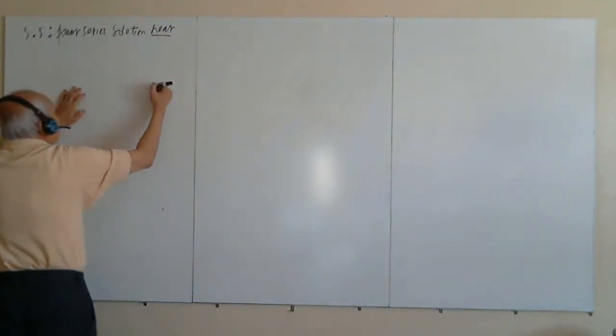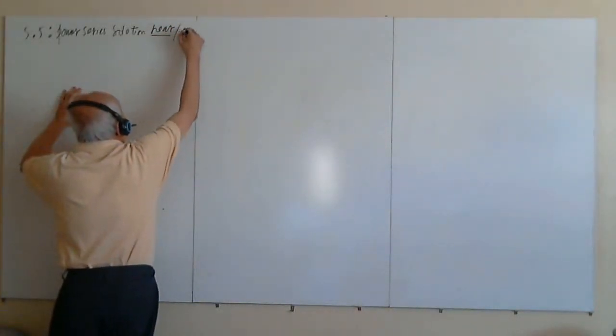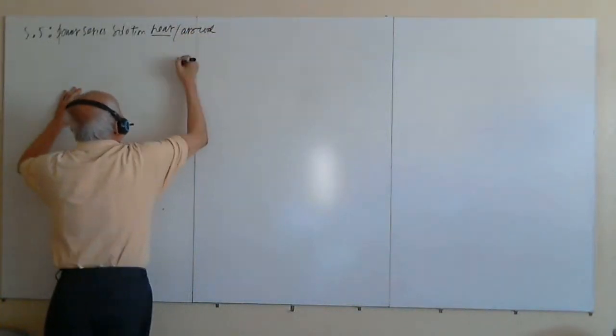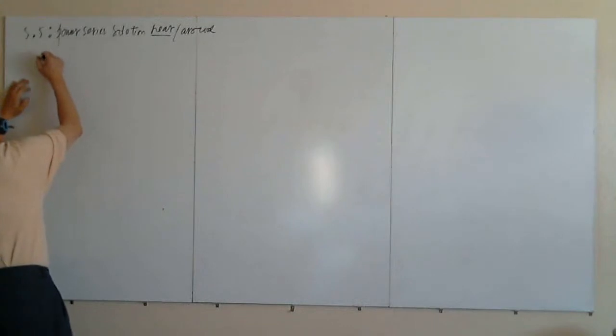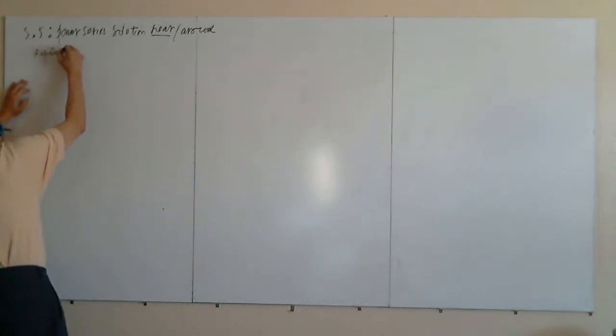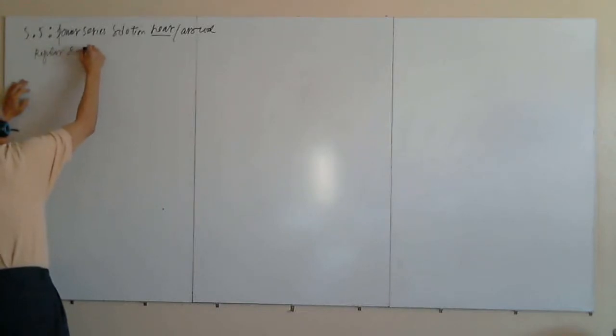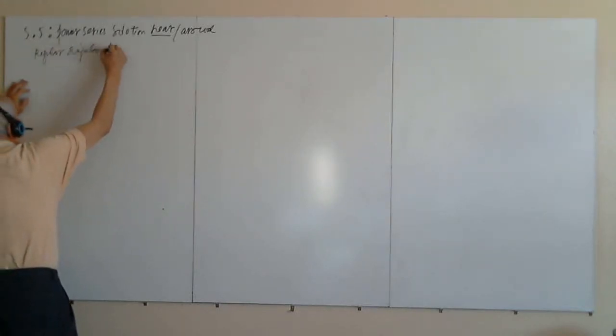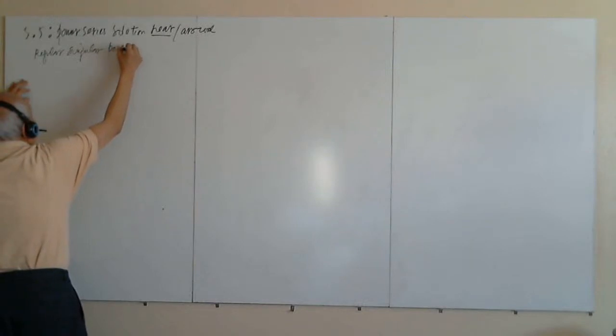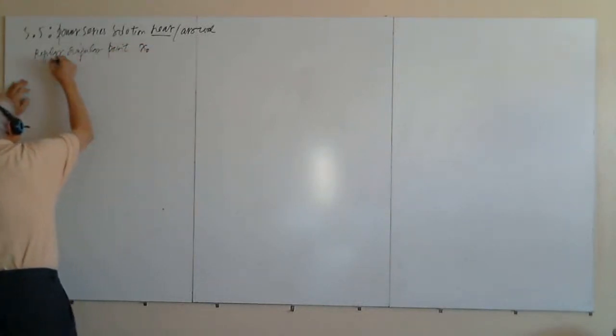Near is very important, or around. Our textbook says around, and some other textbooks say near. Singular point, regular singular point. x equal to 0, regular here.